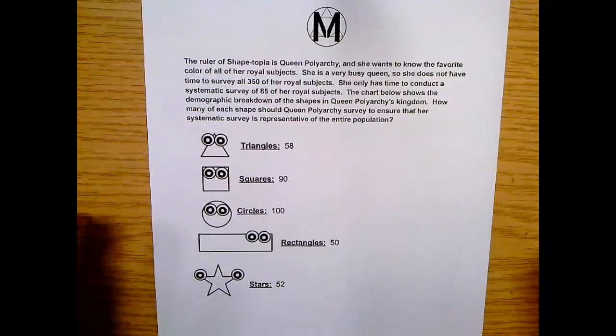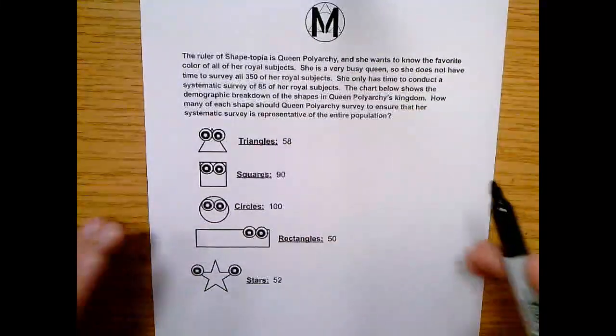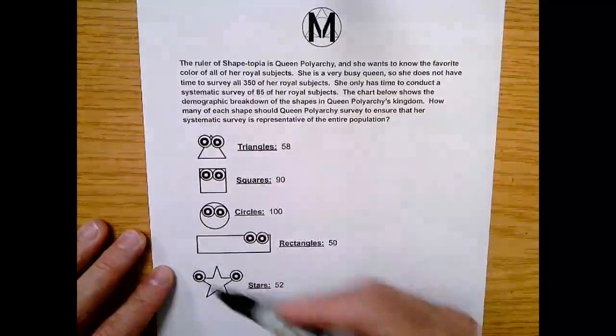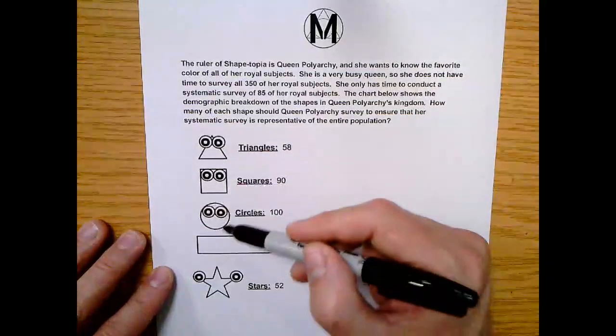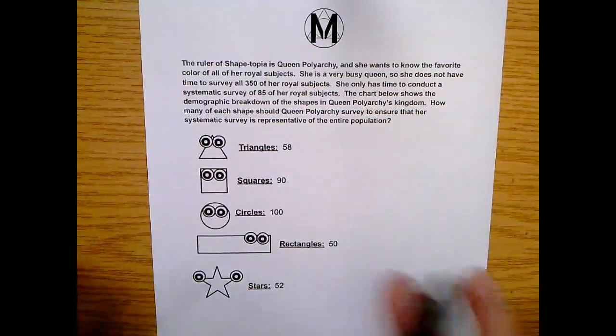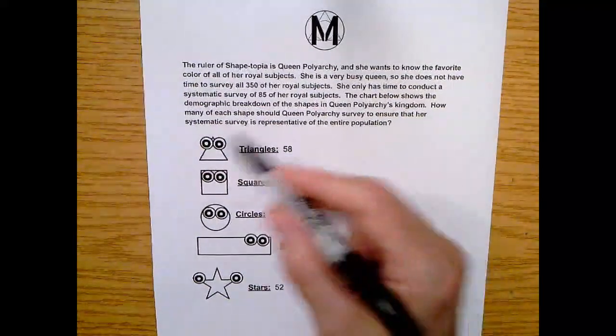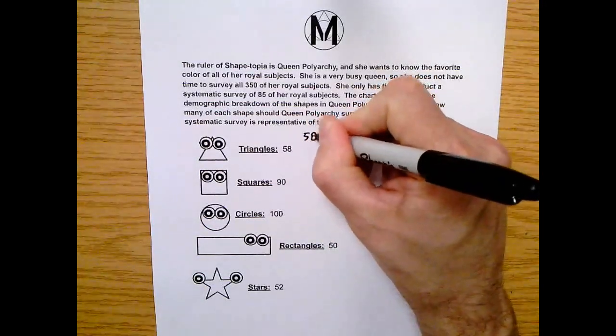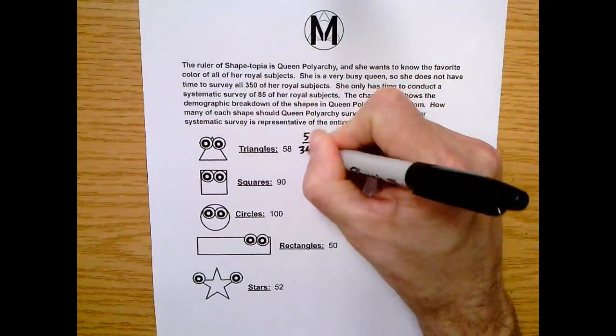And so for her survey to be representative, what that means is of those 85, it should be in the same proportion as each one of these shapes relative to 350. Okay, so let me just break this down. For instance, of all of the shapes, triangles are 58 of the 350.